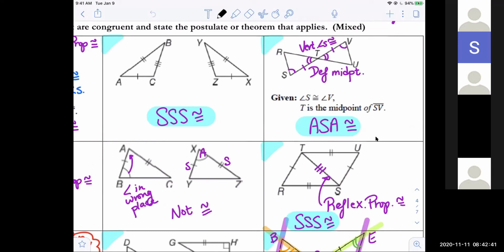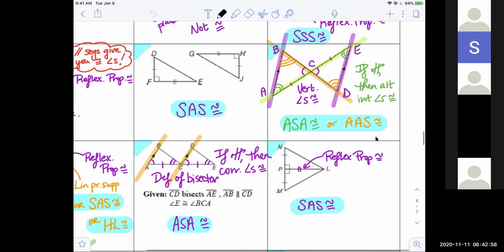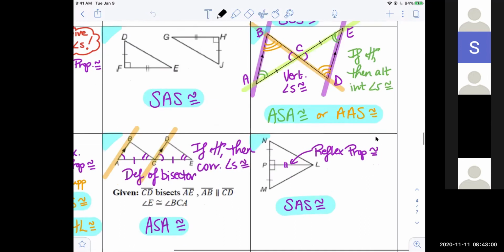Questions on those three? Okay, here are the four below that. I know the parallel line ones are a little more difficult to see what's happening, so if you would like me to talk through either of those, I'm happy to do that.